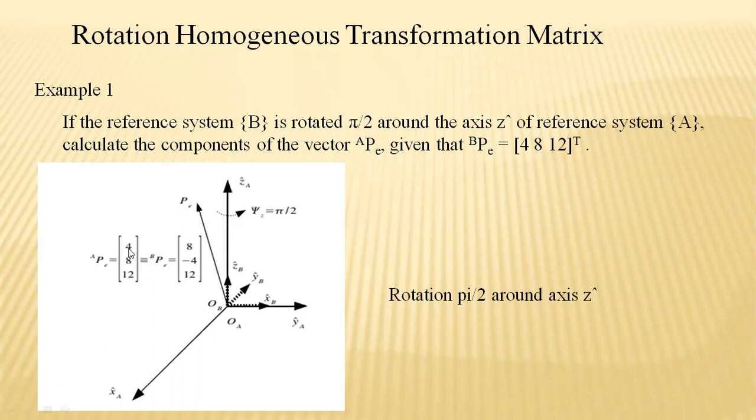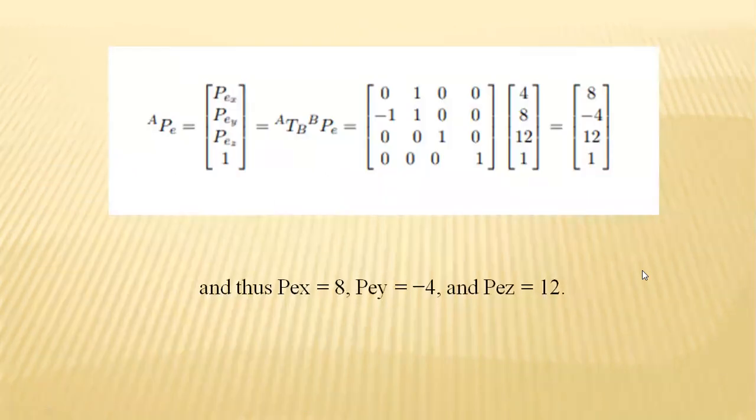See here, from rotation of the z-axis. Considering the homogeneous transformations, we have to note that the homogeneous matrix and the given existing position of the end effector values, that is 4, 8 and 12, need to be represented here and multiplied with respect to the orientational strategy.